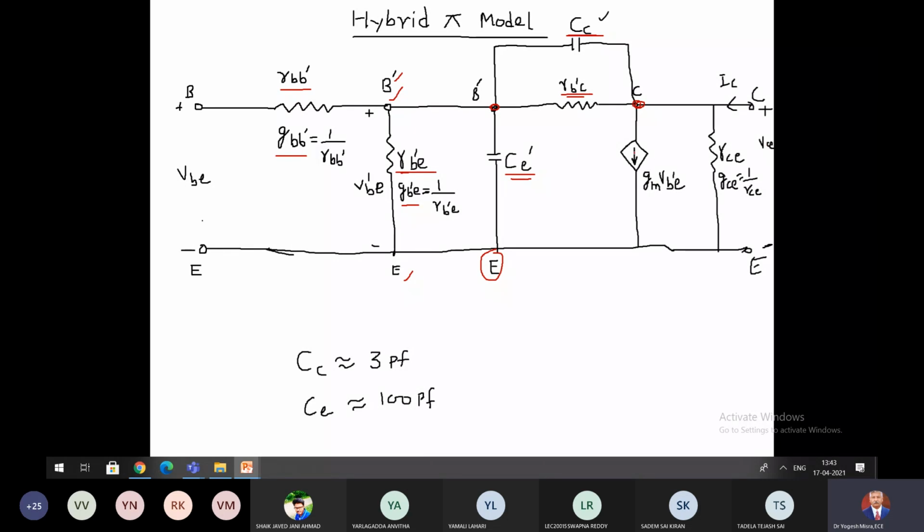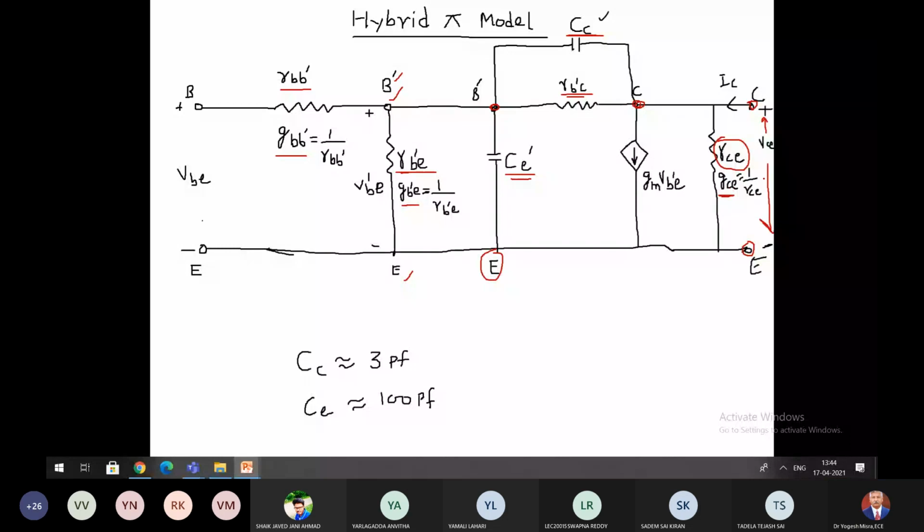Now at the output side, this is the collector and this is the emitter. Across collector and emitter you will find this voltage VCE. Then there is a resistance between collector and emitter, RCE, which in terms of conductance is represented as GCE.